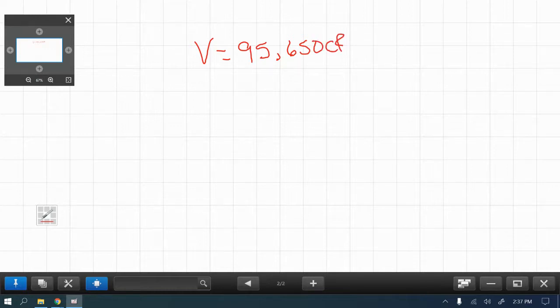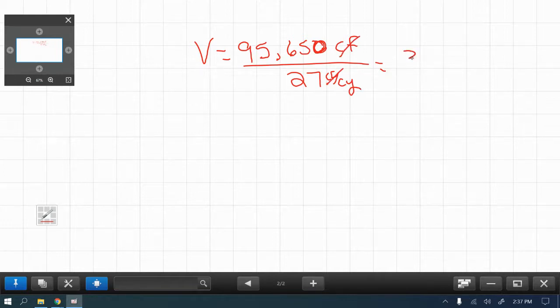And I want this in cubic yards. So I'm going to divide by 27 to put it in cubic yards.